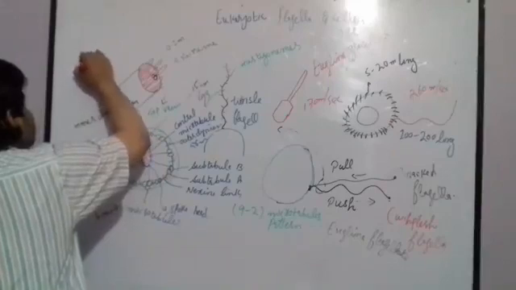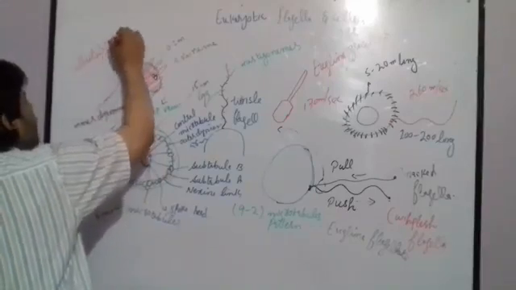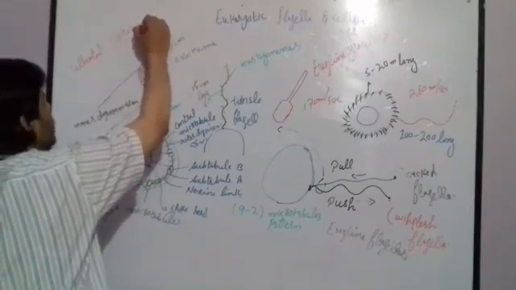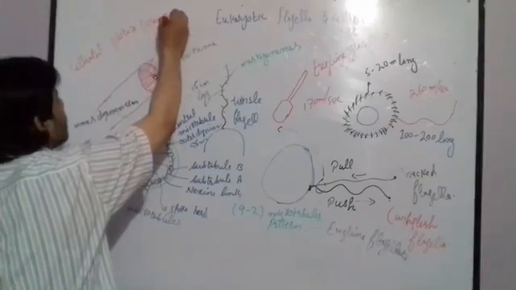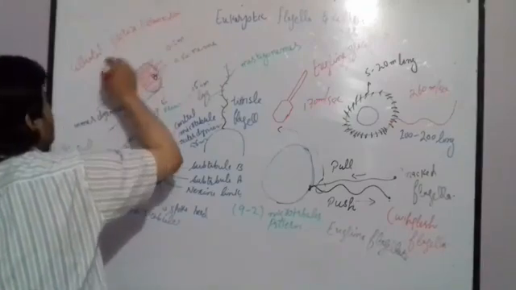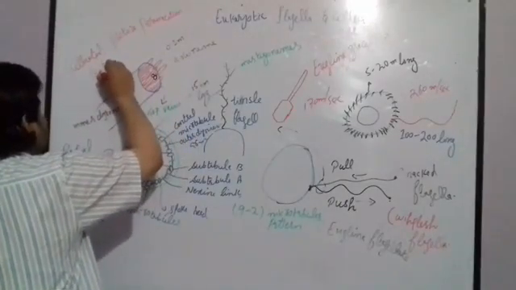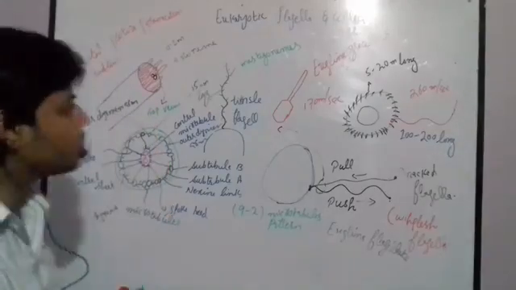Now another example we have is ciliated protozoa. Let me write ciliated protozoa, Paramecium caudatum.